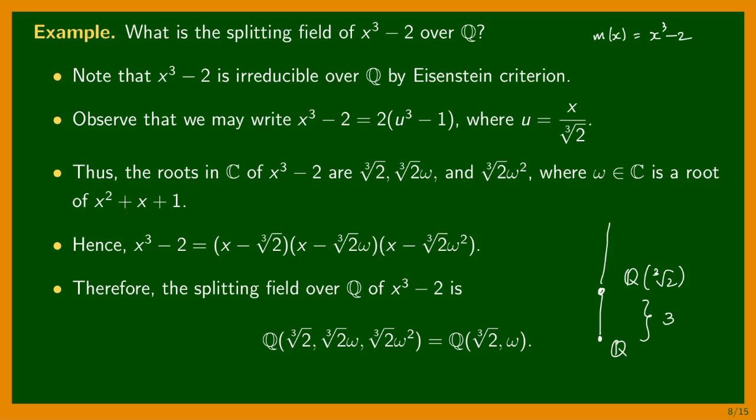Kung i-extend mo ulit ito into Q, cube root of 2, omega, ang minimal polynomial ng omega over this, real pa rin naman ito, ay x squared plus x plus 1, degree 2. By Tower law, ano yung Tower law? Multiply mo yung 2 and 3.